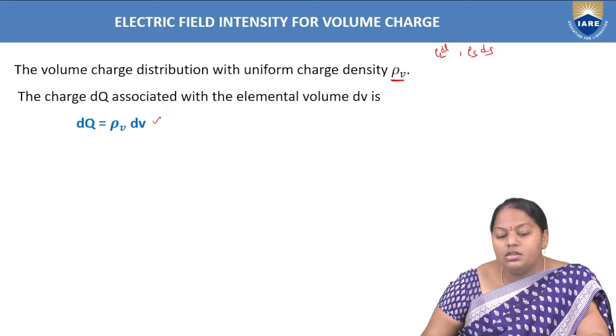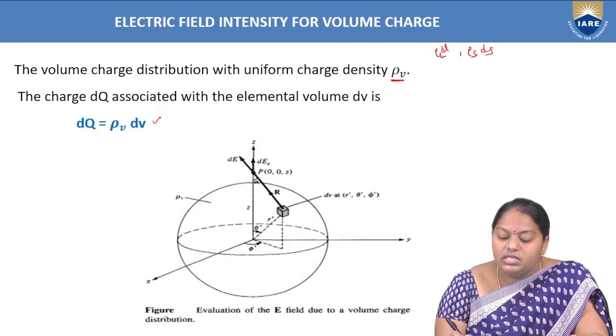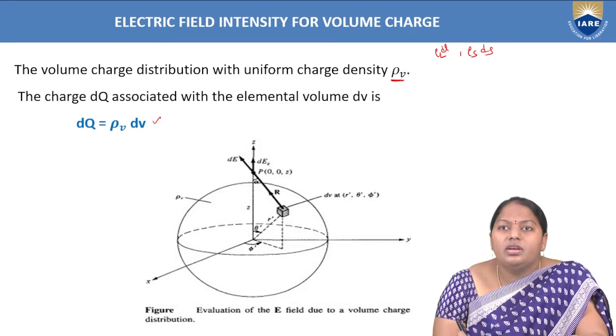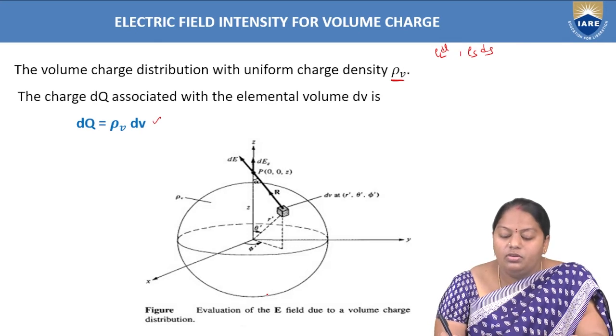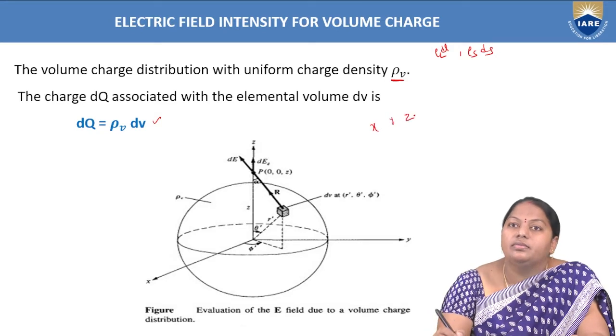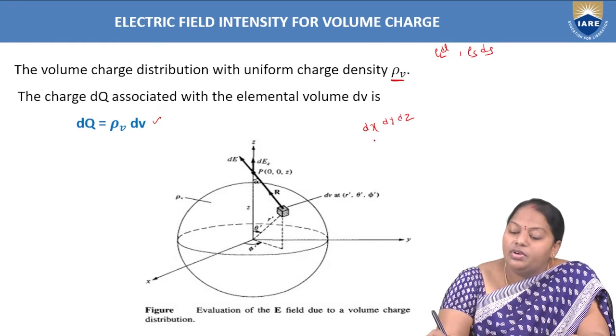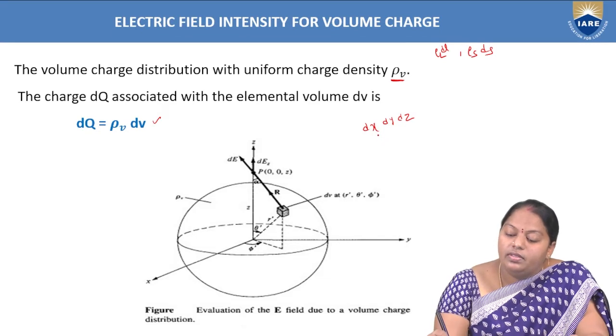Okay. So this also will be analyzed with a simple diagram. This is the figure to be considered for evaluation of the electric field E due to a volume charge distribution. For the volume we have to consider three directions, x, y, z, and the differential components are dx, dy, dz. If you consider it for cylindrical, then d rho, rho d phi, and dz.